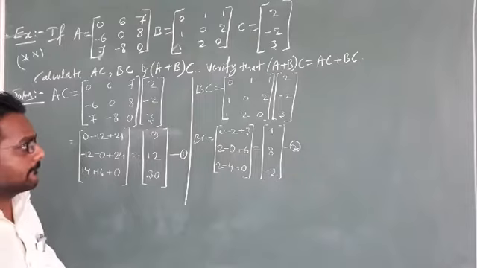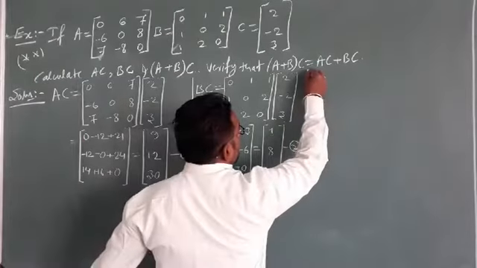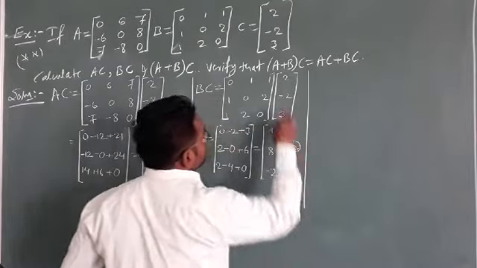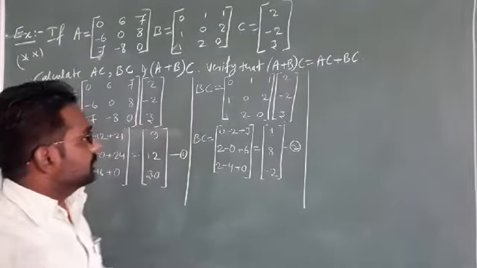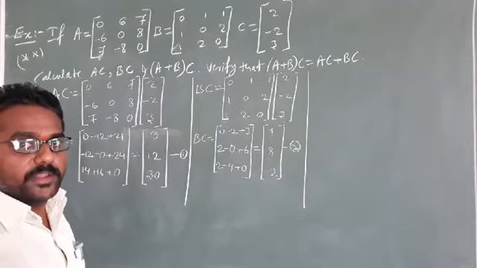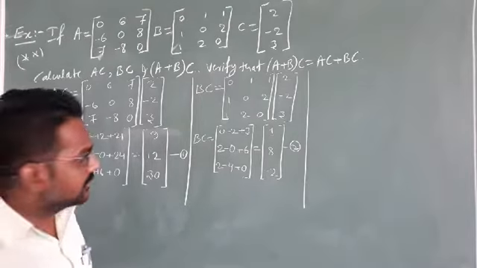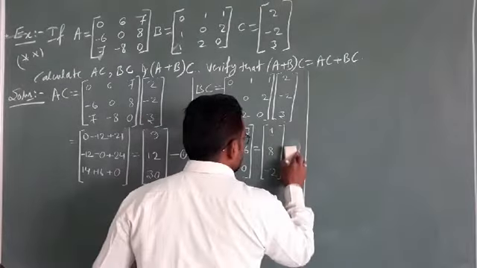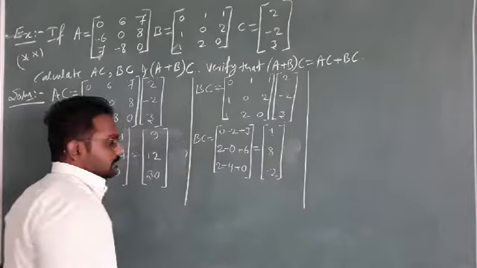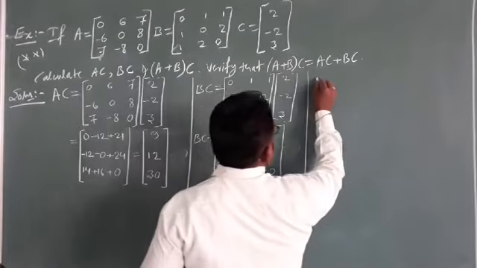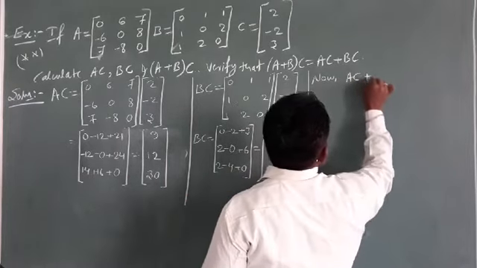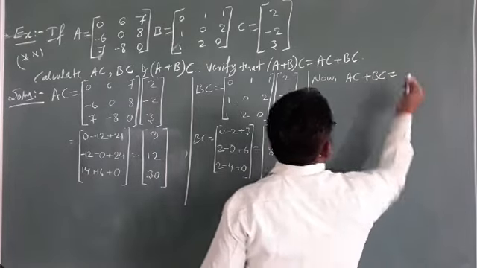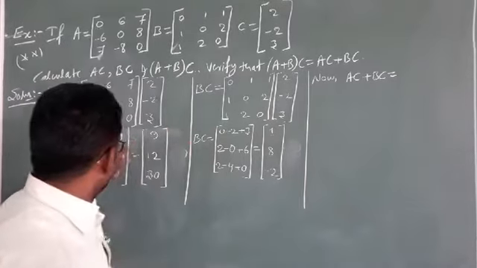Now, AC and BC are obtained. What is the AC plus BC value, students? So what is the AC?